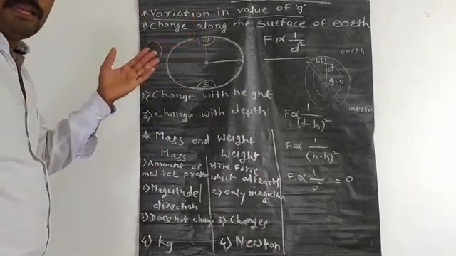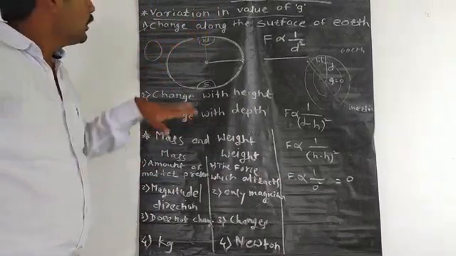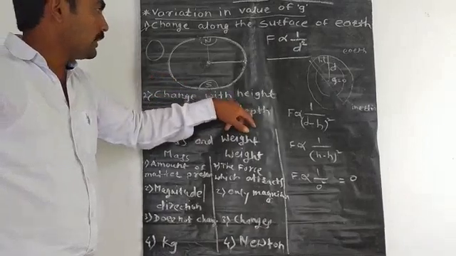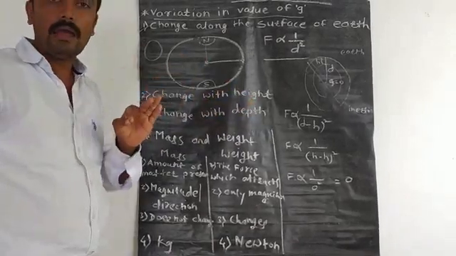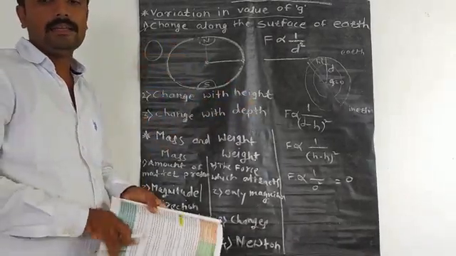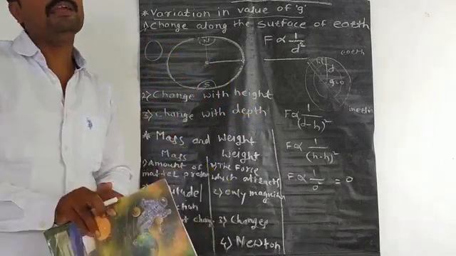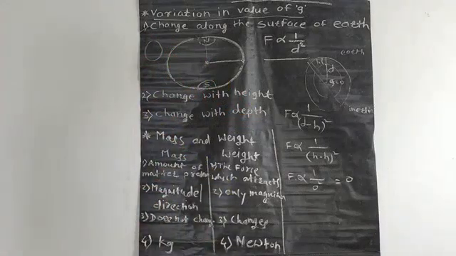One line मध्ये explain करत असताना note down करून घ्या. If you write the change with height, then you only have to write that as the height increases, the gravity will decrease.